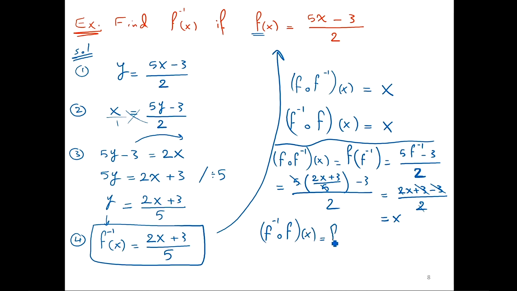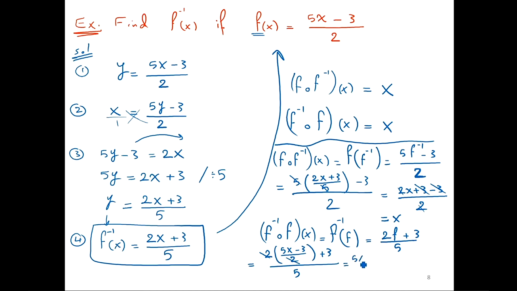So we need to find f inverse and substitute f in f inverse. So we have (2f plus 3) over 5. This equals 2. What's the value of f? (5x minus 3) over 2, plus 3, over 5. Cancel the 2 with 2.